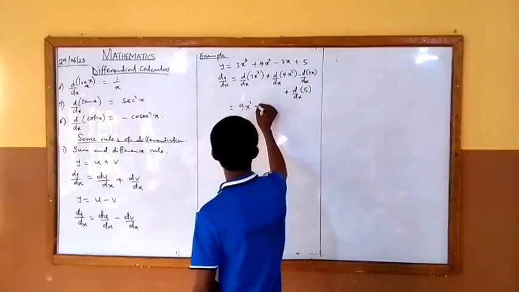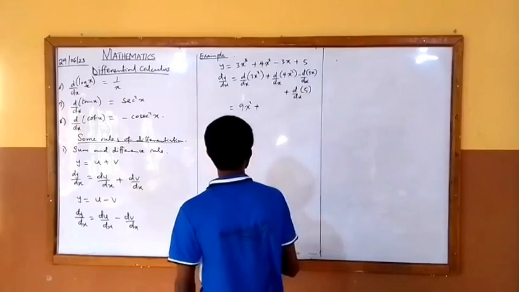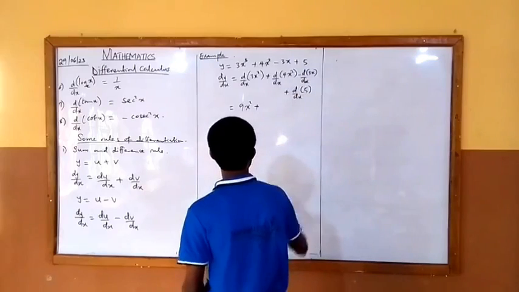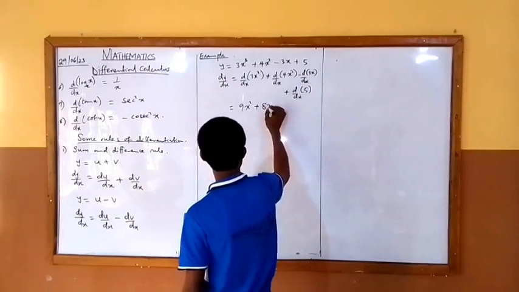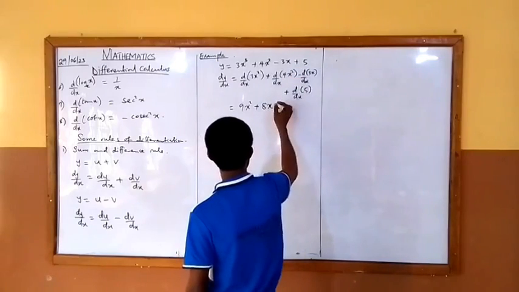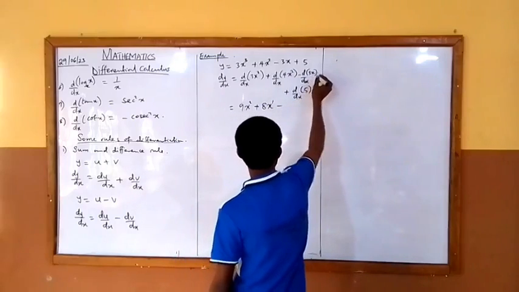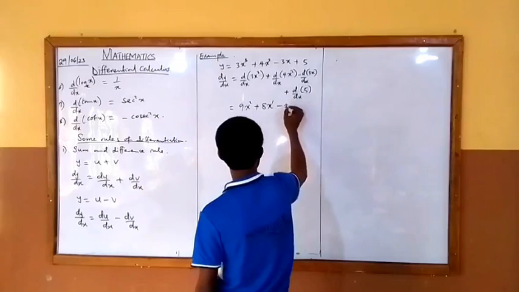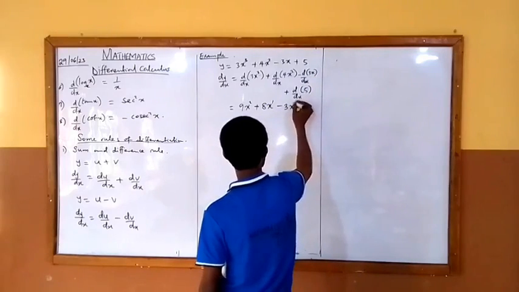then plus the same thing here. Power and the coefficient multiply, then you minus 1 from the power because we are differentiating. So we have 2 times 4, that's 8, then x raised to power 2 minus 1, that's x raised to power 1. Then minus, differentiate 3x. Of course, the power here is 1 times 3, that's 3x, then you have 1 minus 1, that becomes 0.